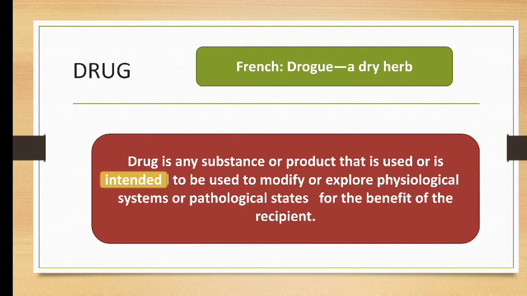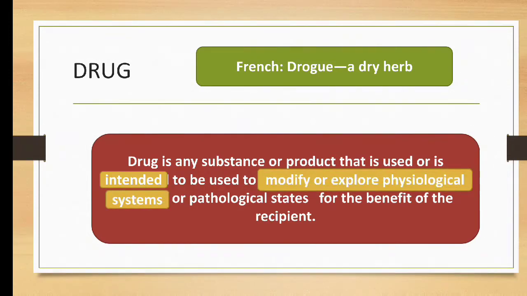So a drug may treat the disease or it may not, but our intention should be that the drug should treat the disease. So it is intended to be used to modify or explore physiological system or pathological states. Okay, pathological states means a disease condition and we need to improve a disease condition. But I want to emphasize one thing, that is modify or explore physiological system.